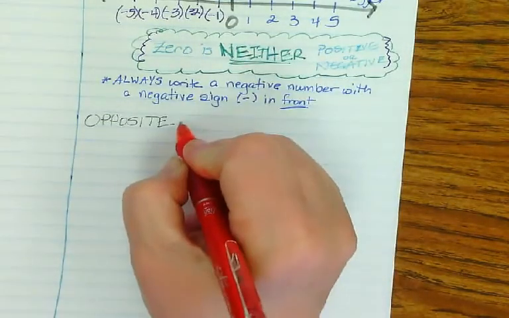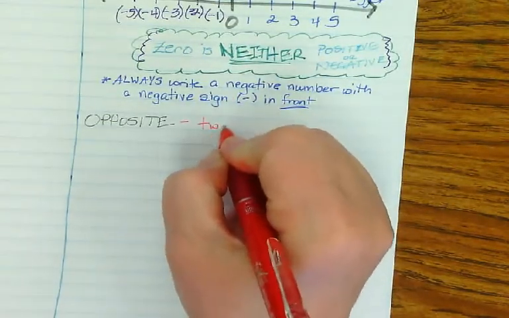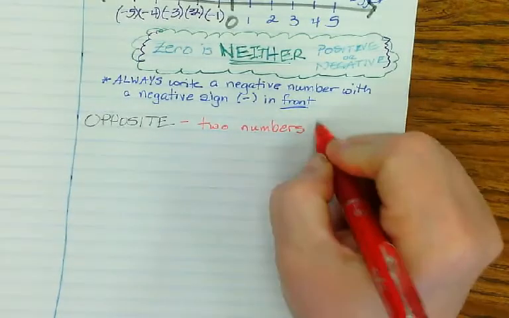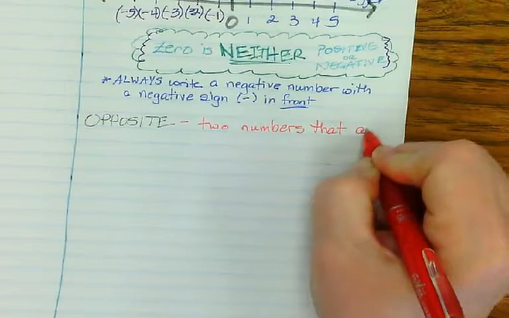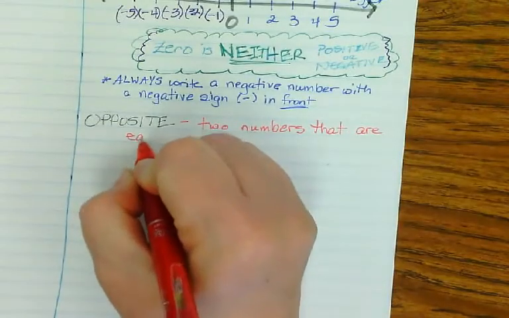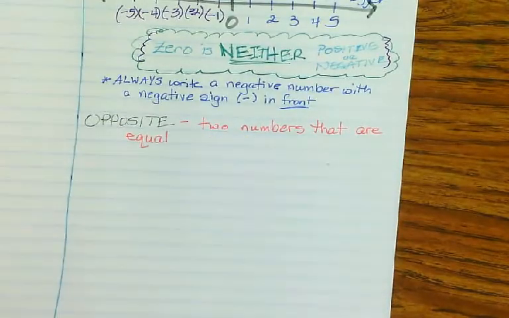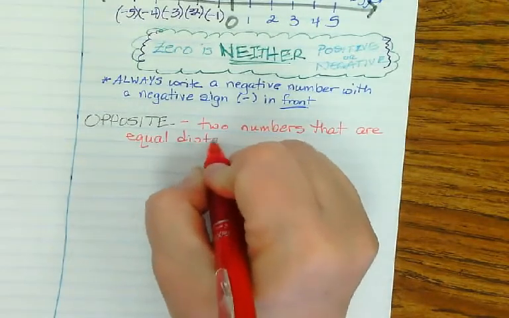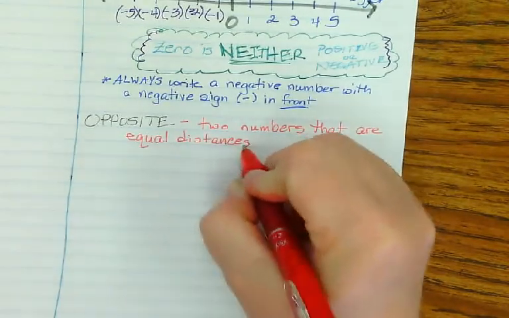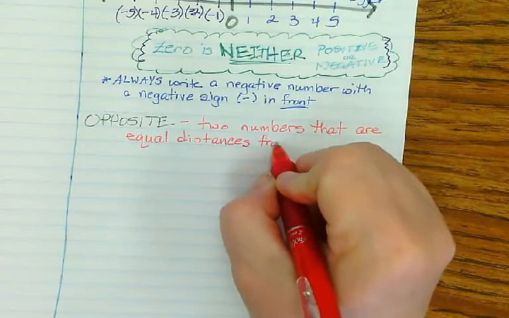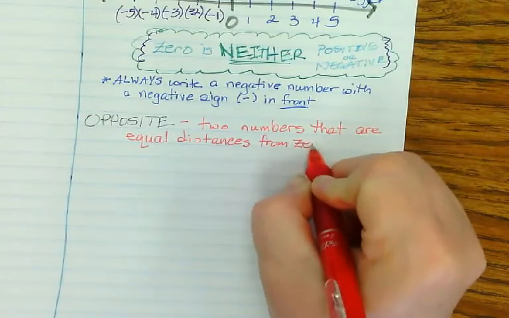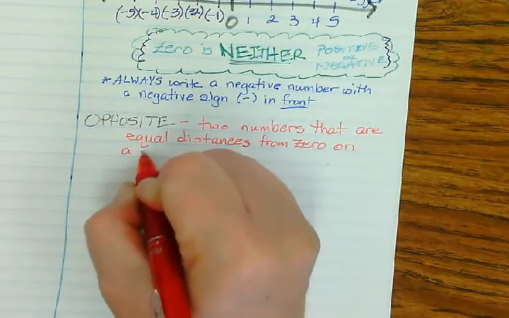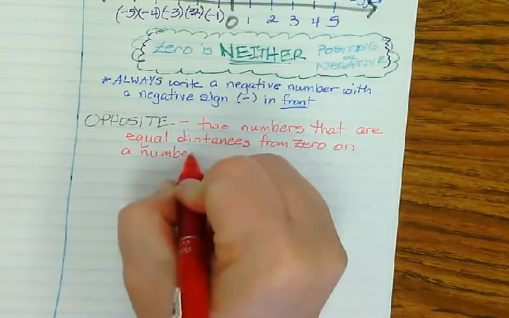Opposite: two numbers that are equal distances from 0 on a number line.